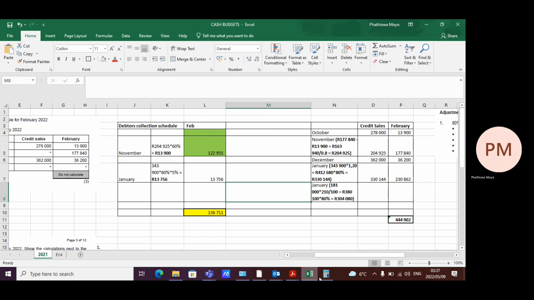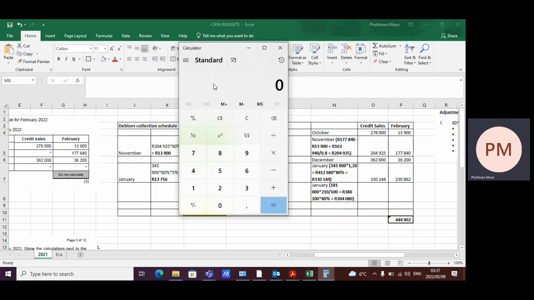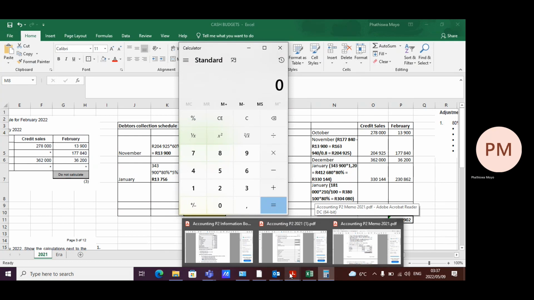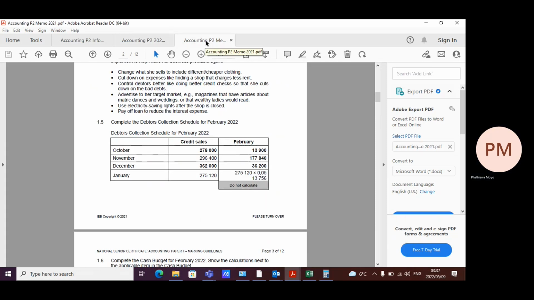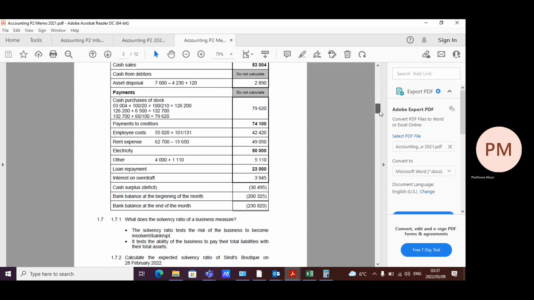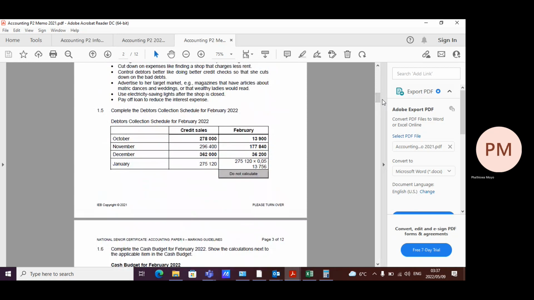So okay, let's see. This one we've corrected.